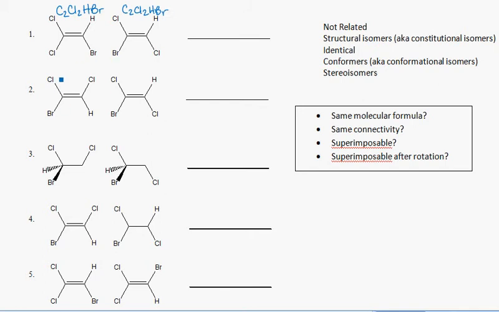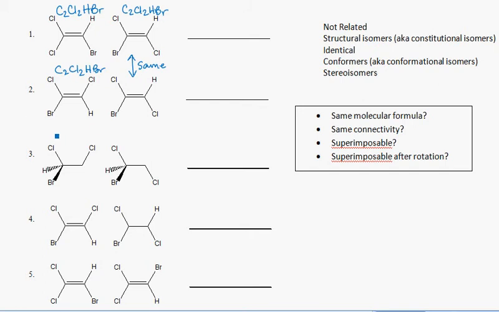If we look at the first molecule in pair number 2, it also has 2 carbons, 2 chlorines, a hydrogen, and a bromine. And if we look at the second molecule, it's exactly the same as the one above it, so it has the same molecular formula. So far, pairs 1 and 2 are some kind of isomer.